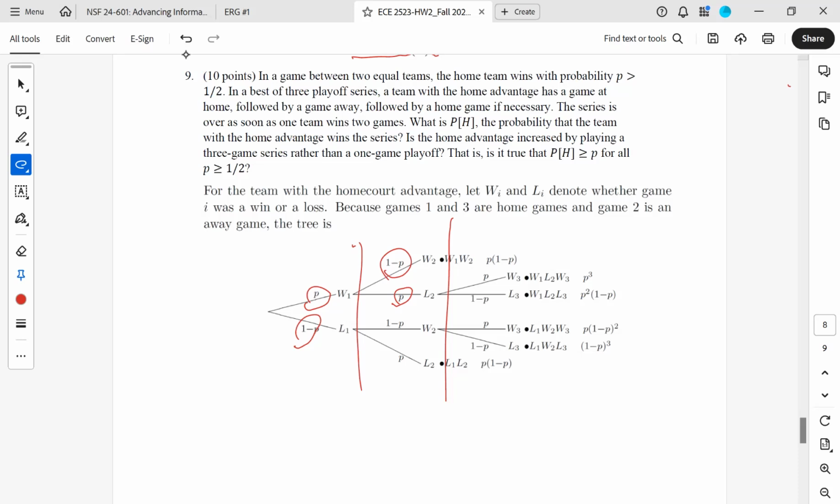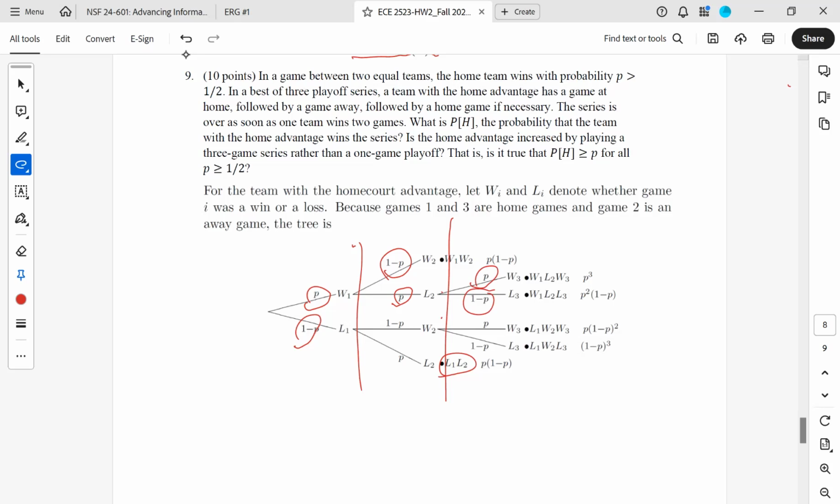Because we already have two wins and the competition is over. Same goes with L1, L2. If our team loses twice, meaning the other team wins twice, the competition is over. There is not going to be a third game. But the other possibilities would branch out for the third game. And in the third game, again, our desired team has a home advantage. So winning has a probability of p and losing 1 minus p.